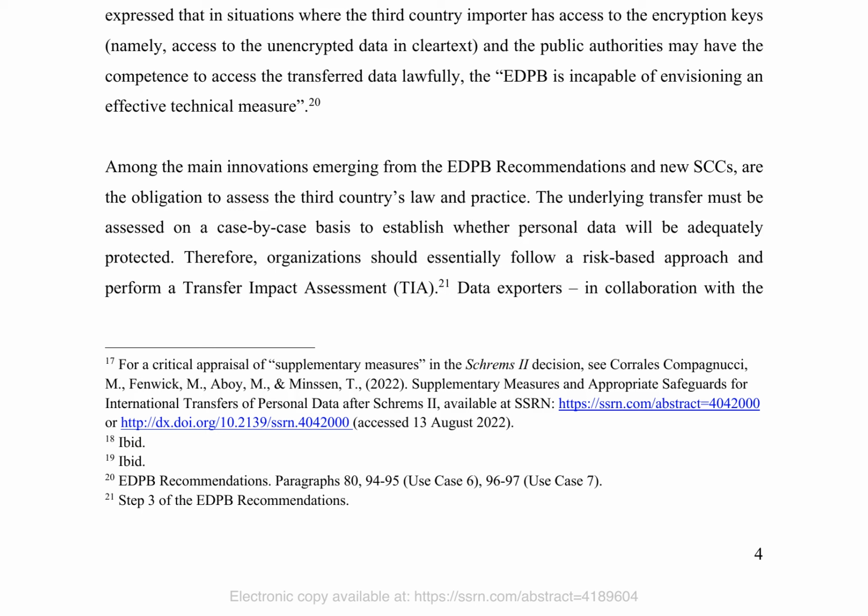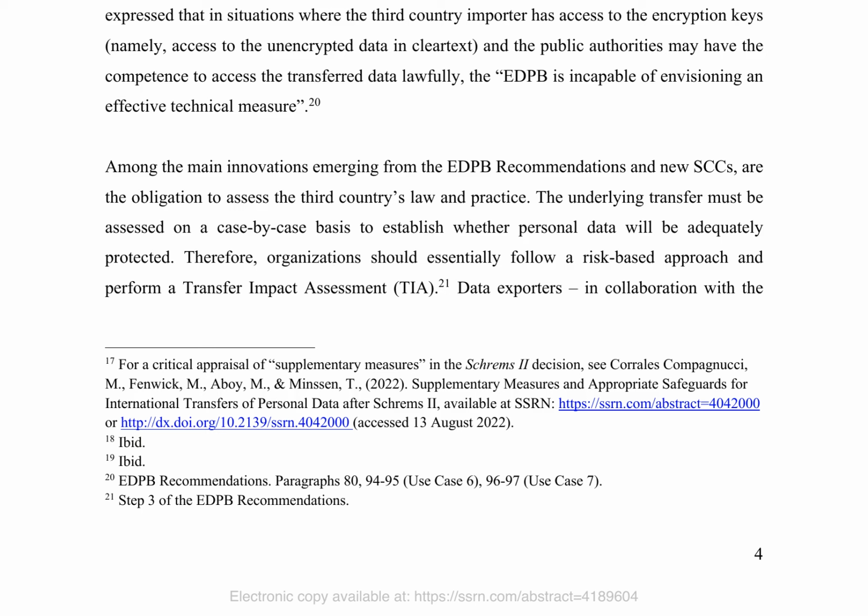The EDPB recommendations and new SCCs introduce the obligation to assess the third country's law and practice, a significant innovation in data protection. This obligation requires organizations to carefully evaluate risks associated with cross-border transfers and implement effective measures to mitigate those risks.